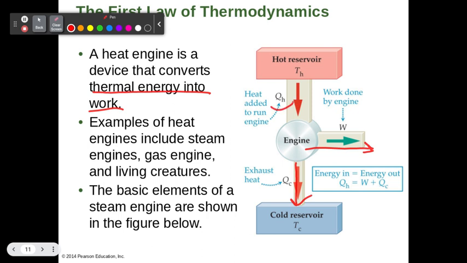So the heat added is QH and the heat exhausted is QC, colder temperature, hotter temperature. So the heat added is equal to the work done plus the heat that's lost to the cold reservoir. So you're always going to lose some heat as waste. That's what's going to the cold reservoir or the exhaust.